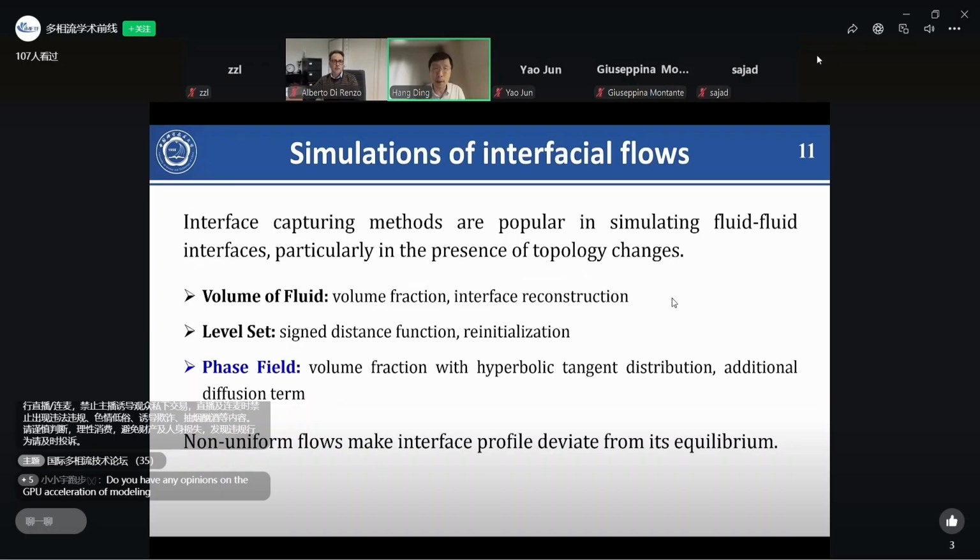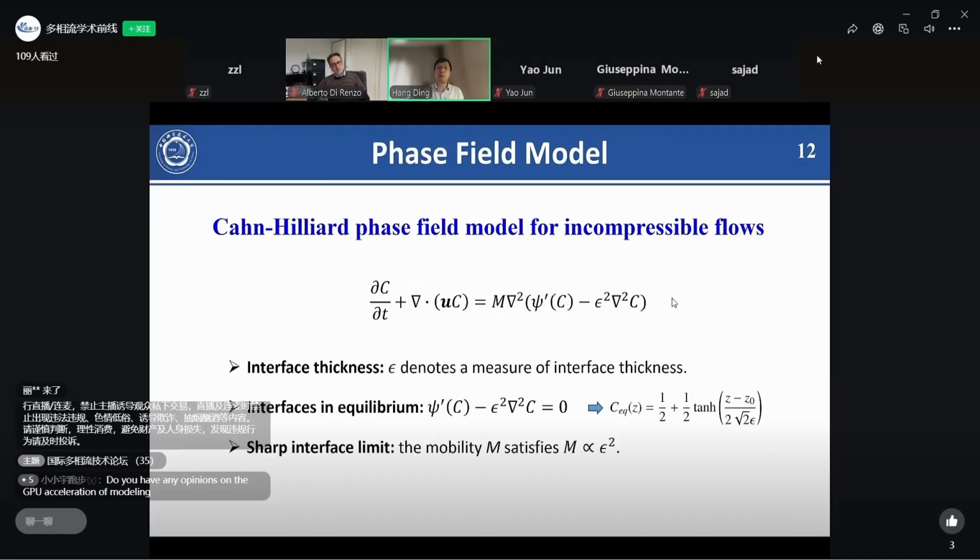For the phase field method, it's supposed to have the hyperbolic tangent distribution, but also because of the non-uniform flows, it will deviate. We also have some functions to restore it to the equilibrium state.